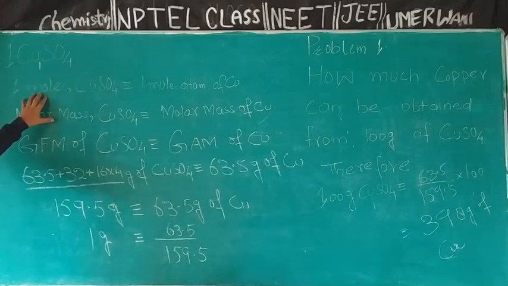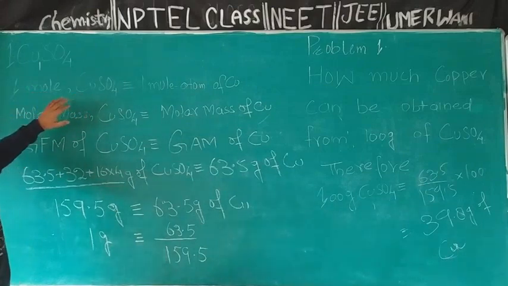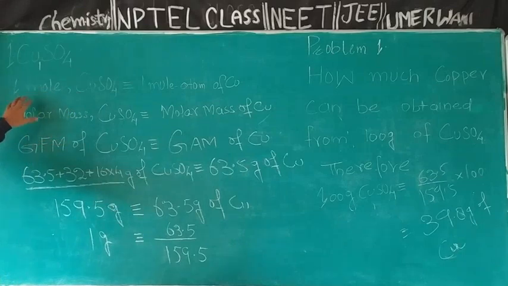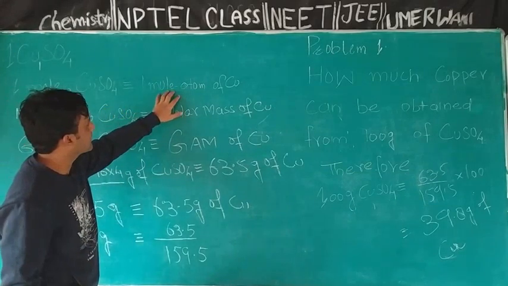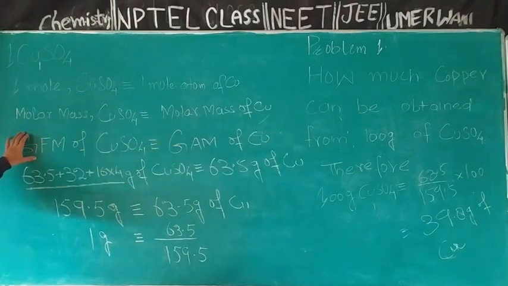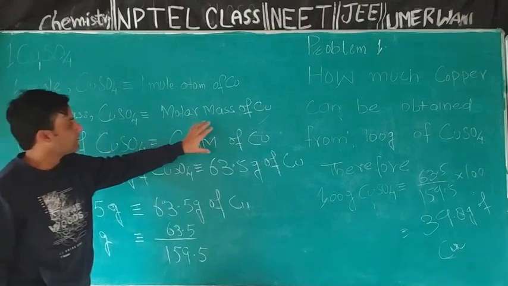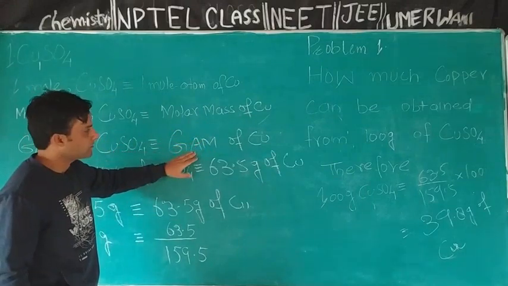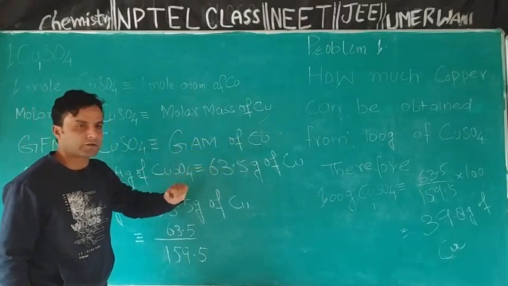I expressed quantities in terms of molar mass rather than moles, based on the fact that 1 mole has mass equal to molar mass. Copper sulfate is an ionic compound, its molar mass is the gram formula mass. Copper is an element, its molar mass is the gram atomic mass.